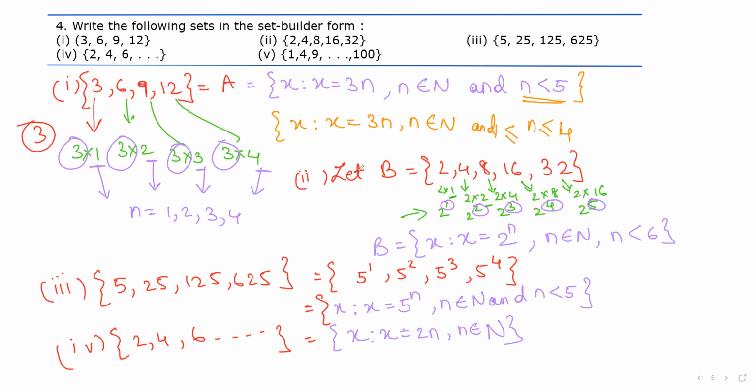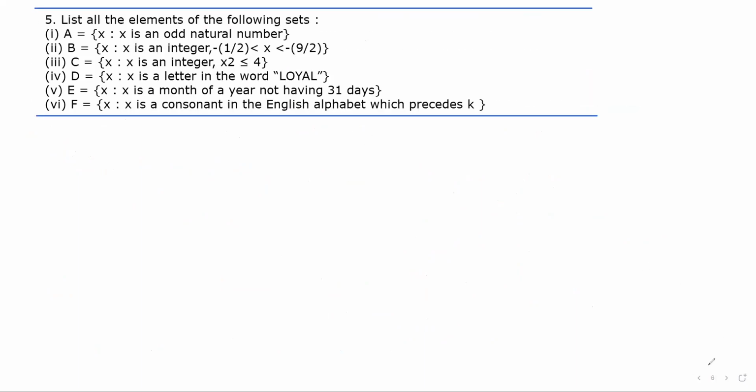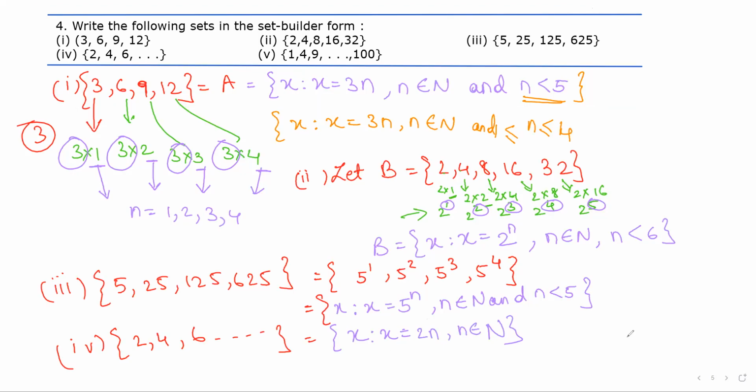Next. Your next values are 1, 4, 9 till 100. Now these are 1 square, 2 square, 3 square till 10 square, 100.